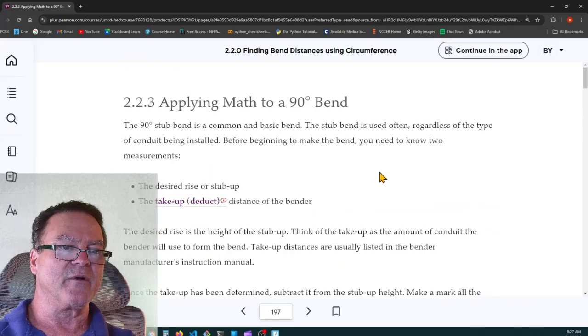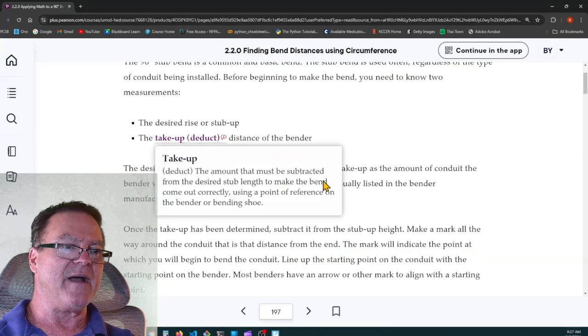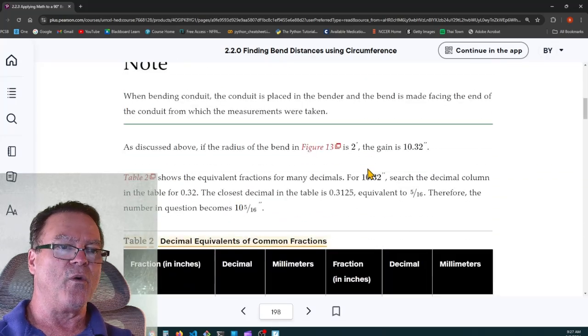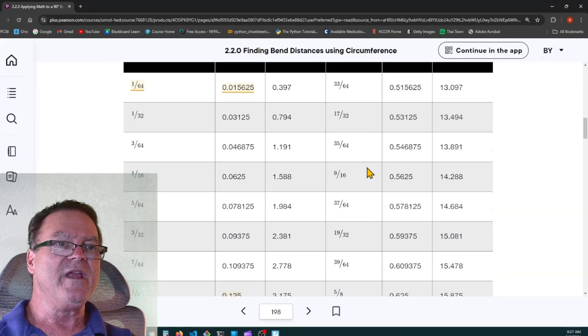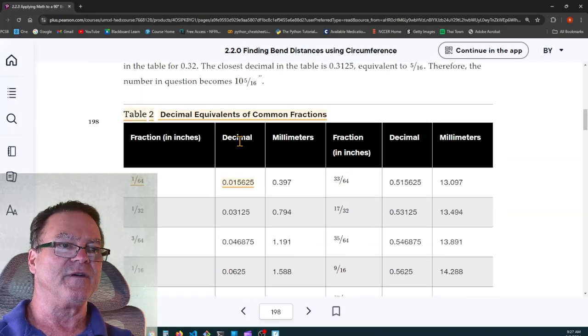Applying math to a 90-degree bend. The desired rise or stub up and the take up or the deduct, the amount that must be subtracted from the desired stub length to make the bend come out correctly using a point of reference on the bender or the bending shoe. So we use bends, they've got here, they're converting fractions to decimals.